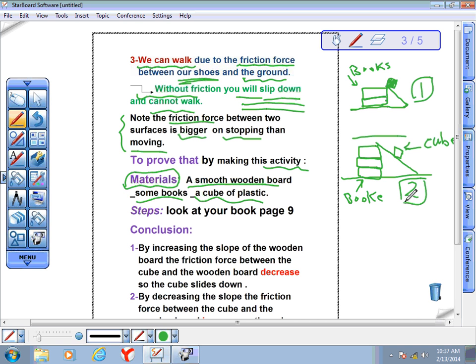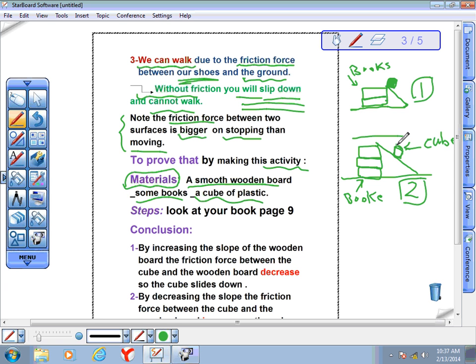So the friction force between two surfaces is bigger on stopping than moving. This cube stops, but this cube is moving.